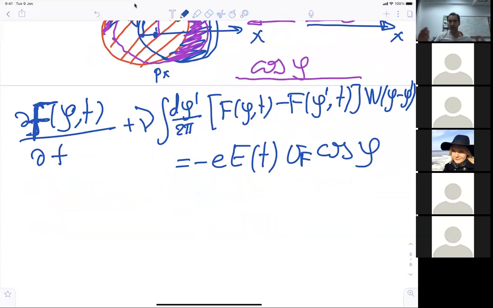And we have already solved this equation by Fourier transform a few minutes ago.